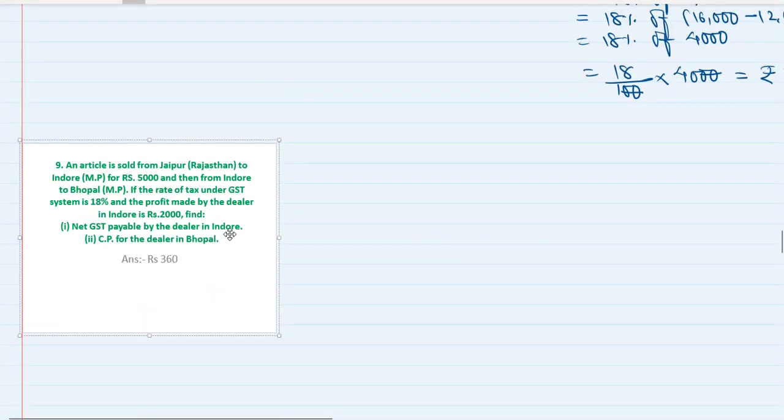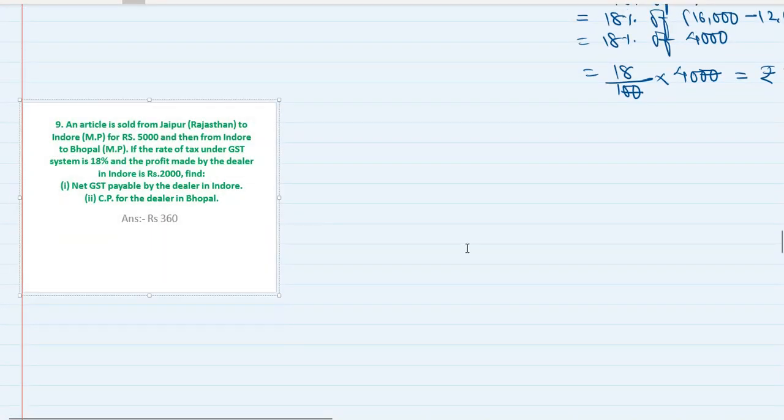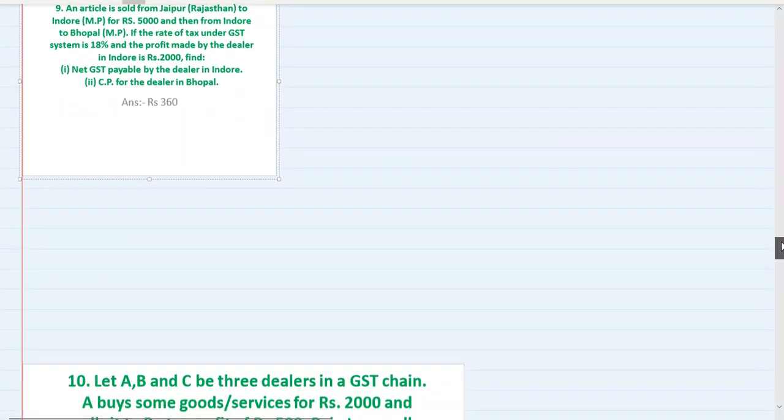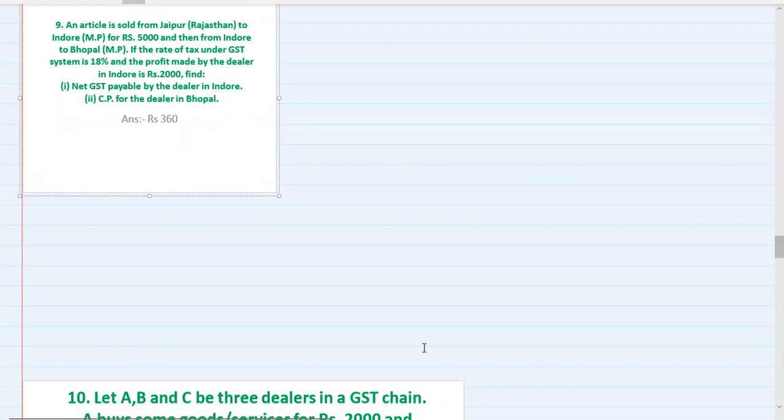An article is sold from Jaipur, Rajasthan to Indore, Madhya Pradesh for rupees 5,000, and then from Indore to Bhopal, which is also in Madhya Pradesh.